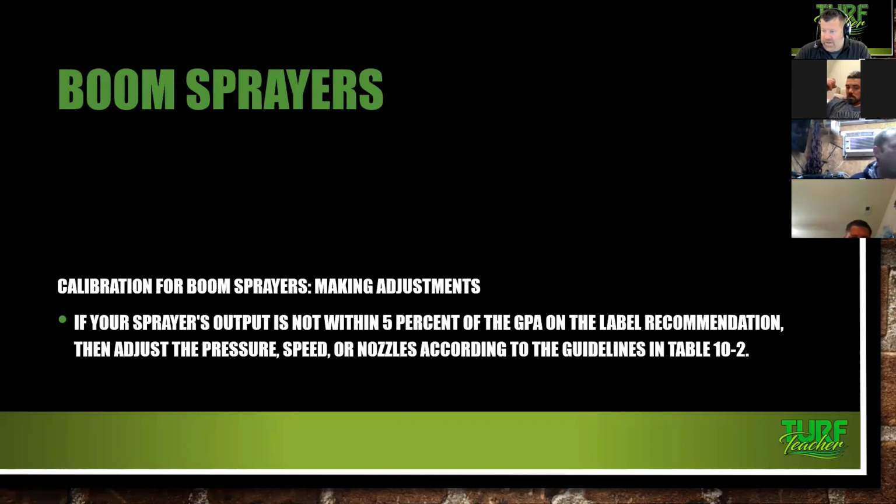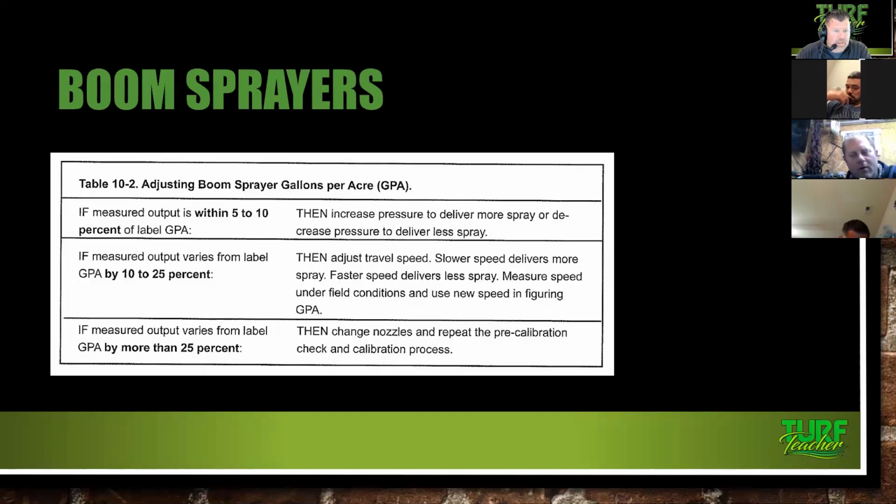And so, making adjustments: if your sprayer's output is not within 5% of the gallons per acre on the label recommendation, then adjust the pressure, speed, or nozzles according to the guidelines in table 10.2. And here is table 10.2 right out of the core manual. If measured output is 5 to 10% off the label GPA, then increase your pressure to deliver more spray or decrease pressure to deliver less spray.